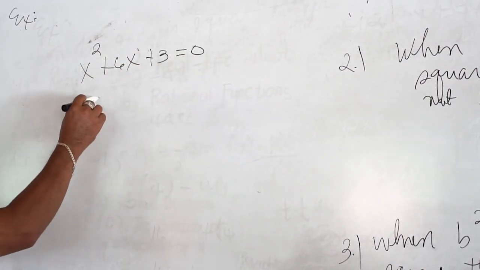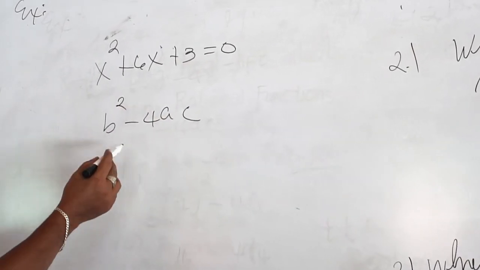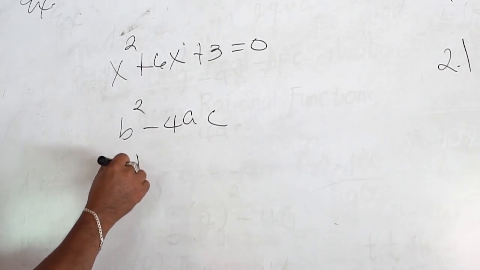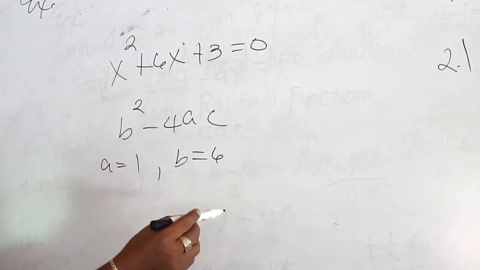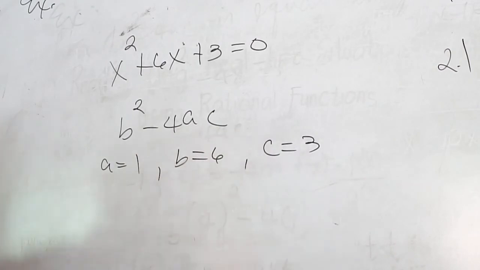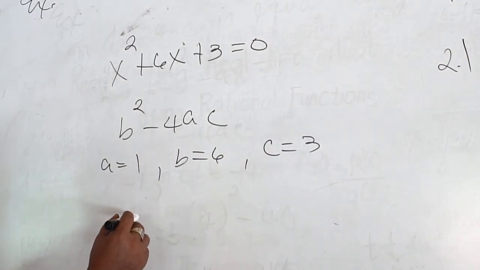Then b squared minus 4ac, where the value of a is 1, the value of b is positive 6, and the value of c is 3. Substitute.